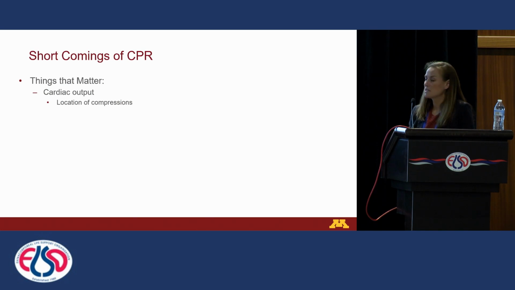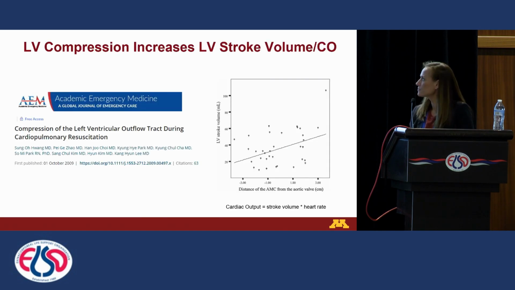So if these things matter with your goal of resuscitating patients, we should review the shortcomings of CPR in achieving those. There's a lot of research going on in several of these areas, and one of which is location of compressions as it pertains to cardiac output. This is just one paper that looks at the AMC, or area of maximal compression, as it pertains to the aortic valve.